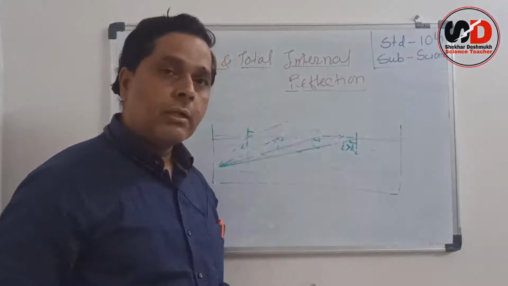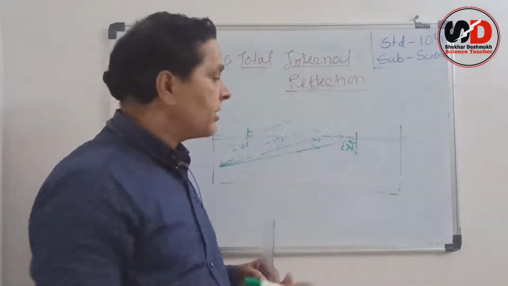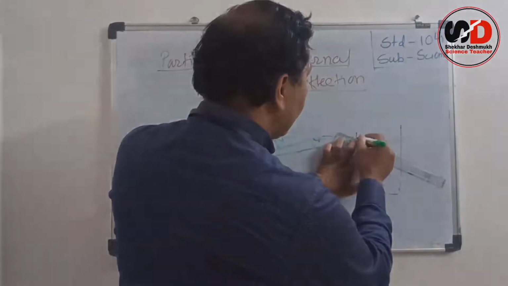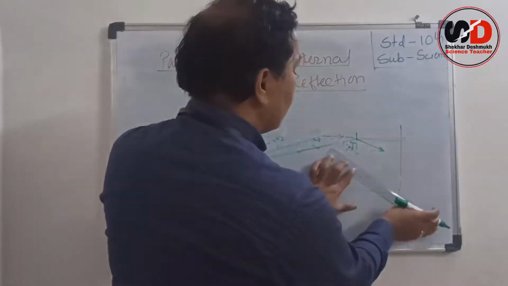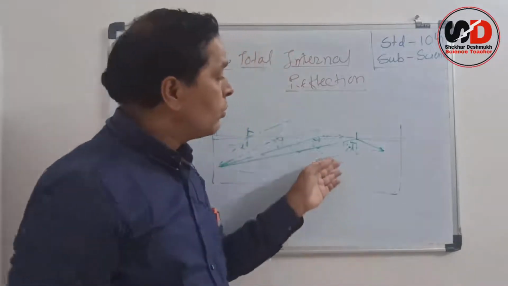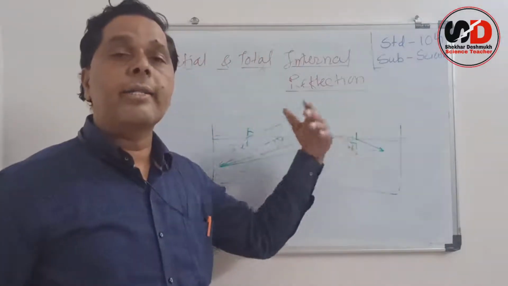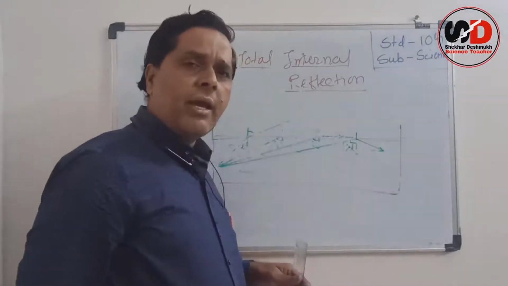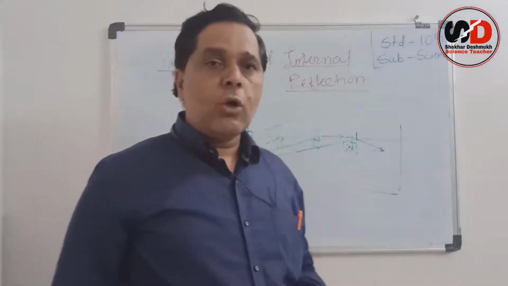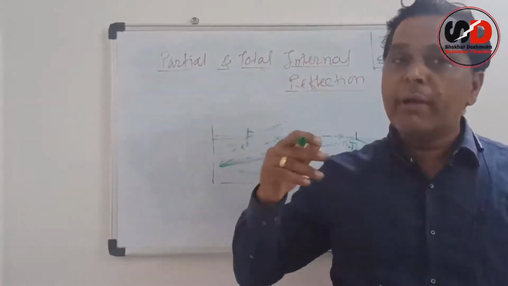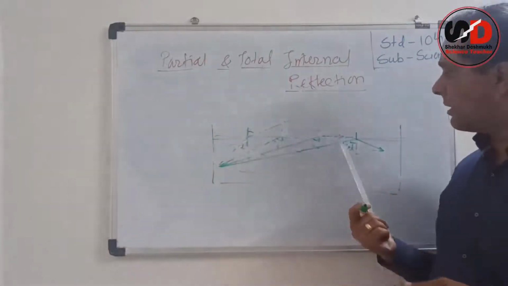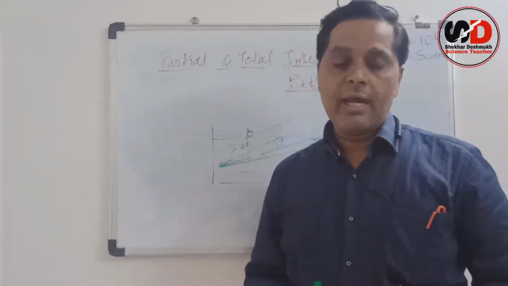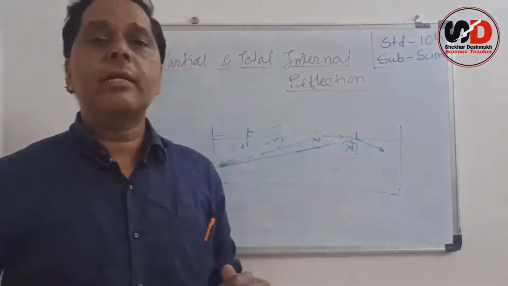Then what happens? The angle of refraction must be more than 90 degrees, and therefore the light ray is not going into air, or into another medium, but travels in the same medium. And if the light ray is not going from one medium to another medium, it must not be refraction, but it is reflection, and we call it total internal reflection.